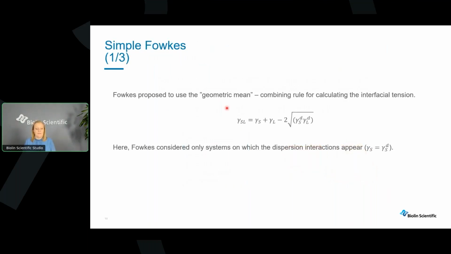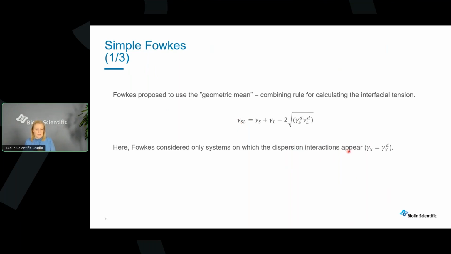And when we have that, this is the form where we can write the interfacial tension between solid and liquid. Basically all of these theories that I'm going to talk about now are trying to set some sort of an equation to this interfacial tension between solid and liquid.